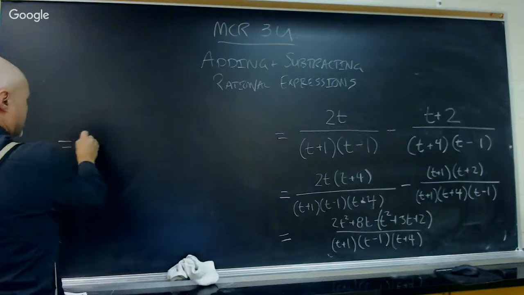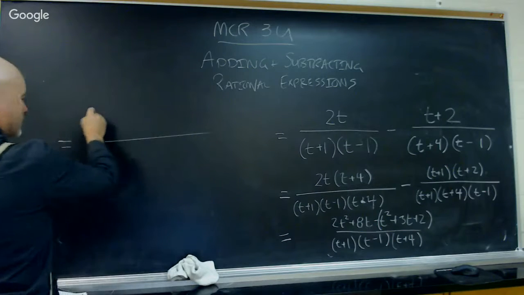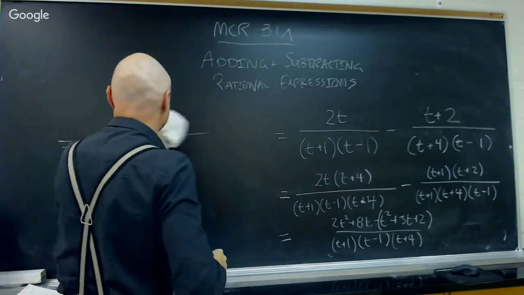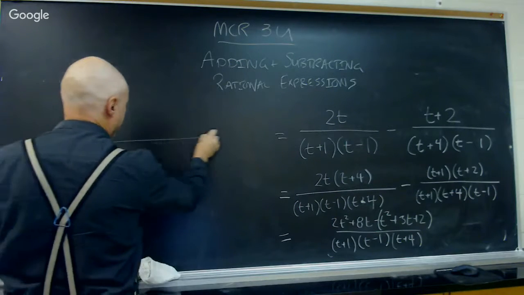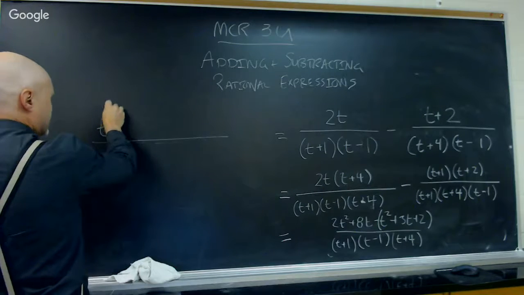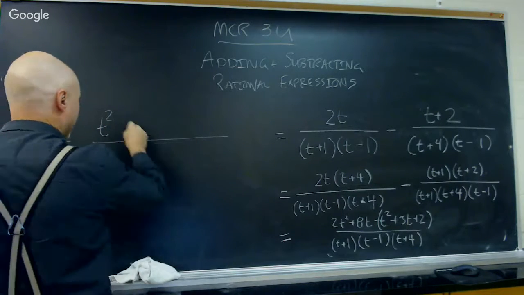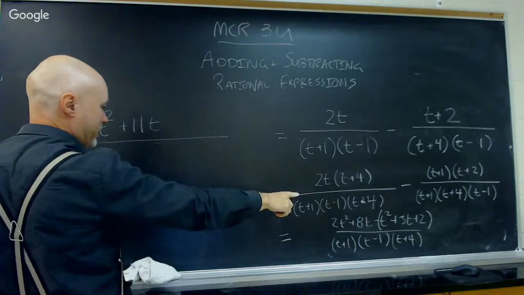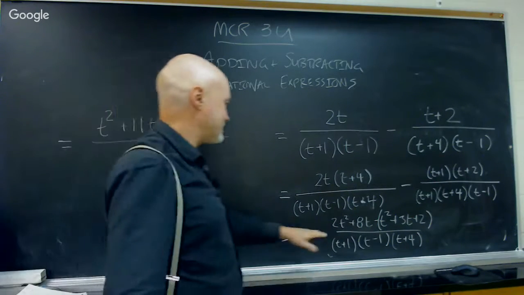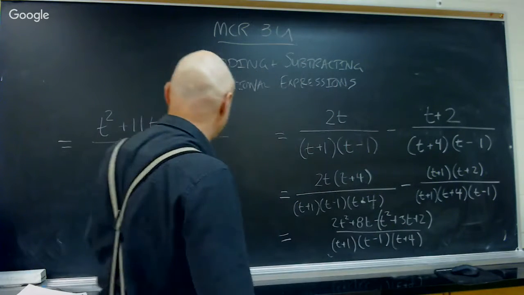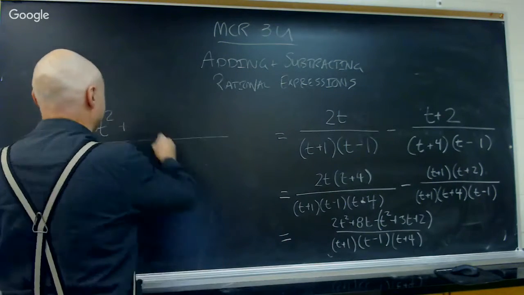So 2t squared minus t squared is t squared, and plus 11t. Oh, sorry, that's not 8t plus 3t. It's 8t minus positive 3t. So that should have been a 5t.